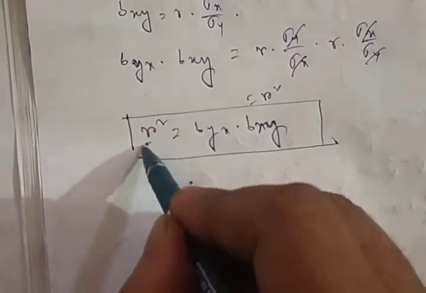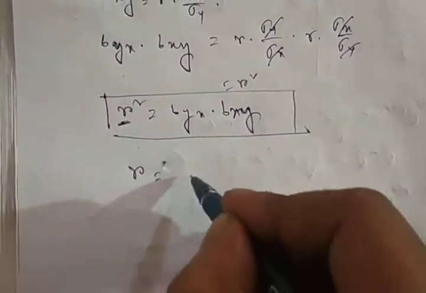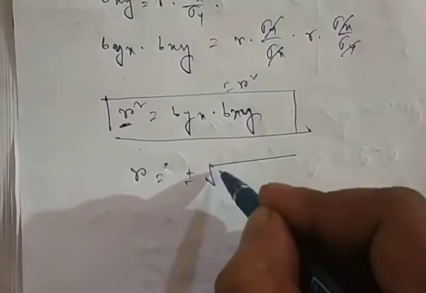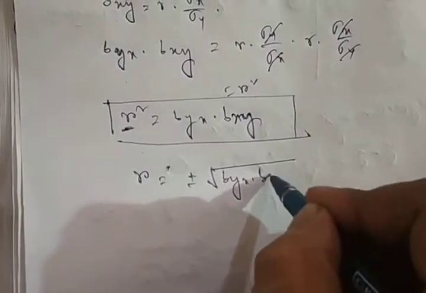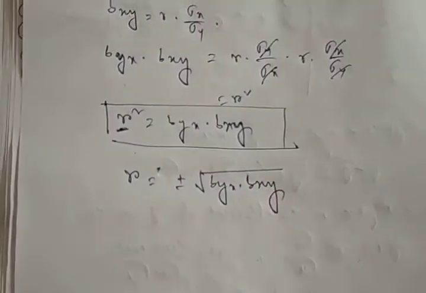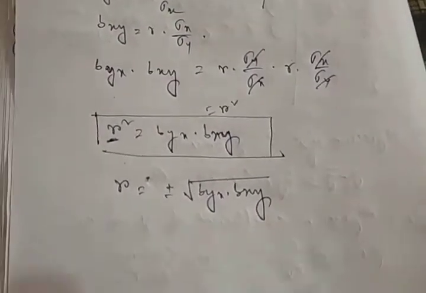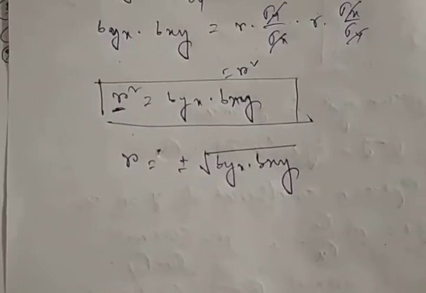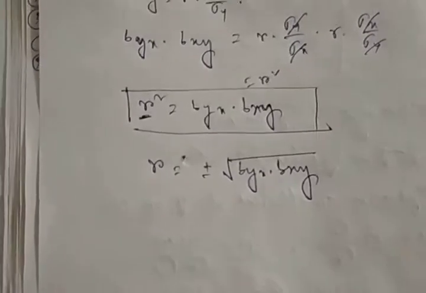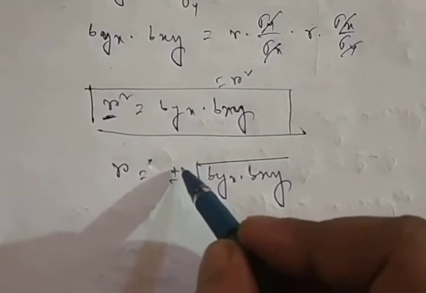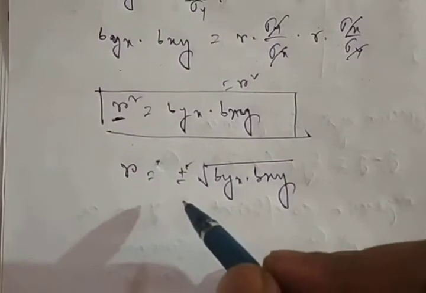Now, as r square is given, r will be plus minus root under byx into bxy. But r cannot take two values for a given data. r is always unique. So what will be the value of r, is it either plus or minus?